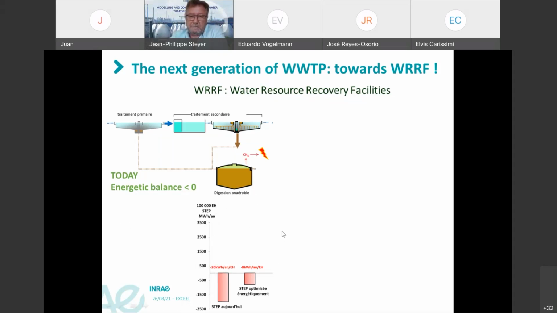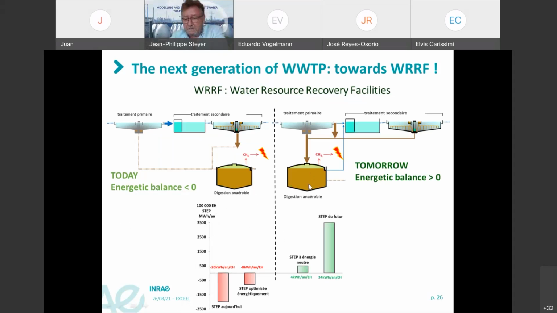And if you design the process differently and you recover the maximum of COD from the beginning, you can gain energy. And so you can have an energetic balance, which is positive, which is very important. As I said, 3 to 5% of the energy of one country being consumed, and you can produce 3 to 5%, just changing the design of the plant.